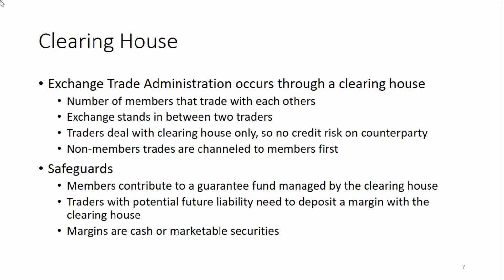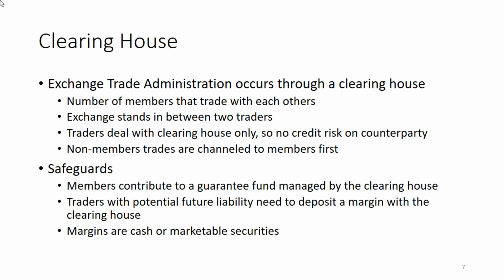So there is the guarantee fund, where all the members have been contributing, and there is the deposit of a margin in a margin account with the clearinghouse. This margin account, which is held by the member with the clearinghouse, is also something that the member will subsequently impose on, for example, a non-member trader, or an individual investor who reaches out to this member.